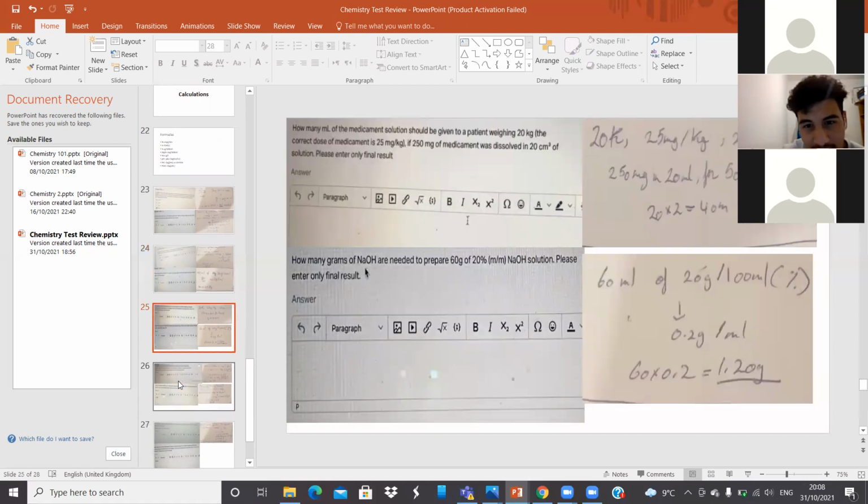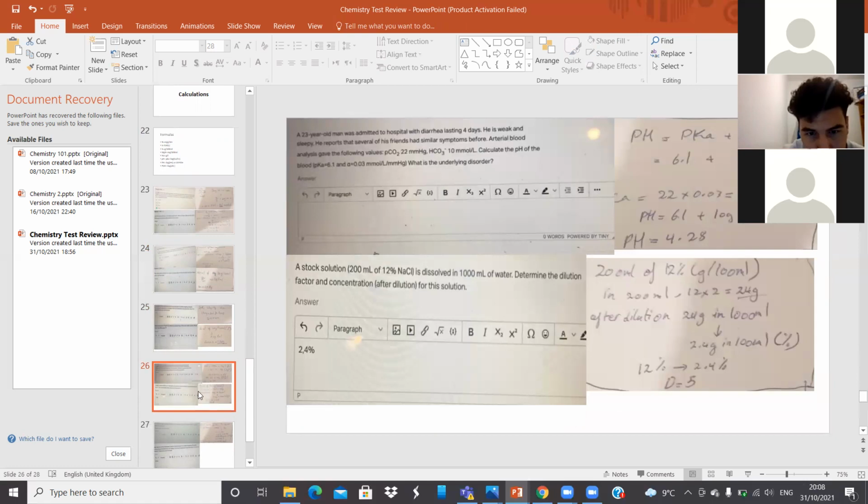I was just wondering about the connection between going from 24 grams in 200 milliliters to 24 grams in 1000 milliliters, because I would have thought you would have to multiply 200 milliliters to get to 1000, rather than just keeping the 24 grams in 1000 milliliters.